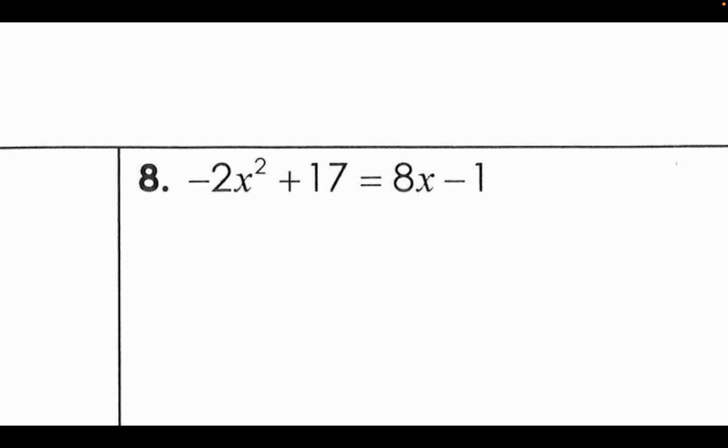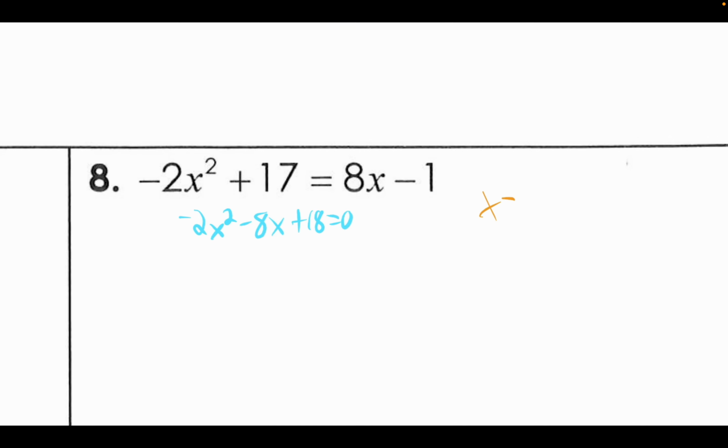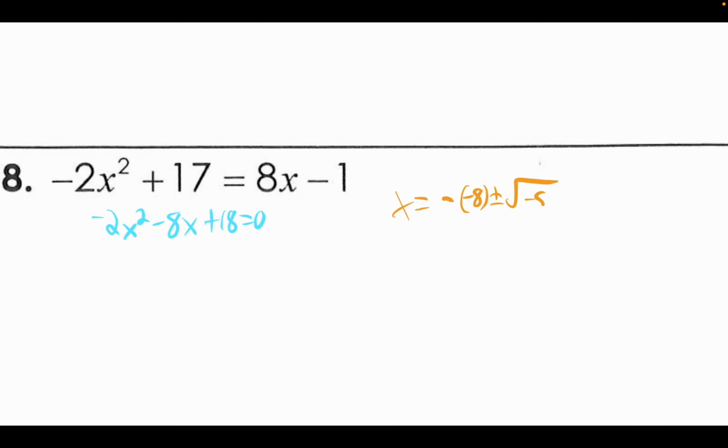Going to subtract 8x and add 1 to get negative 2x squared minus 8x plus 18 equals 0. Plug this into my quadratic formula, and I get x equals negative of negative 8 plus or minus the square root of negative 8 squared minus 4 times negative 2 times 18, all over 2 times negative 2.